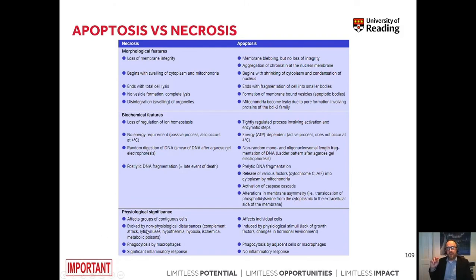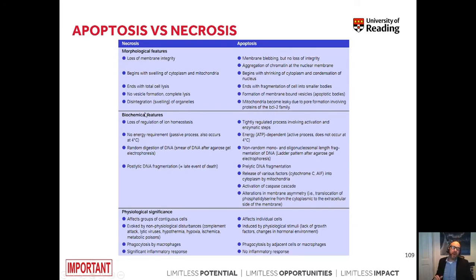This leads to production of inflammatory signals by the macrophages, but we will look at this process closer in our immunology lectures. Importantly, necrosis always leads to significant inflammatory response. In apoptosis, there is absolutely no inflammation going on, and this process is very, very well controlled.